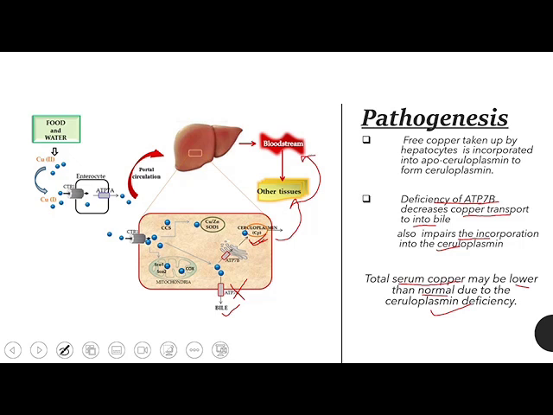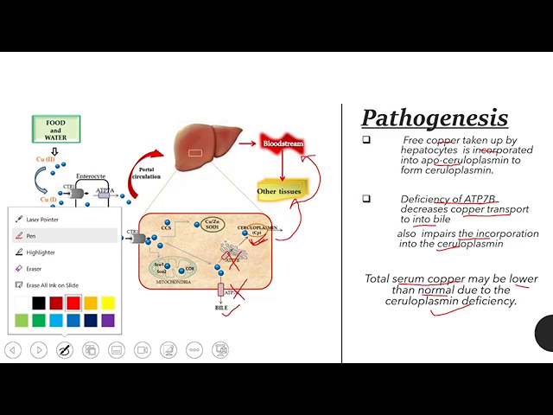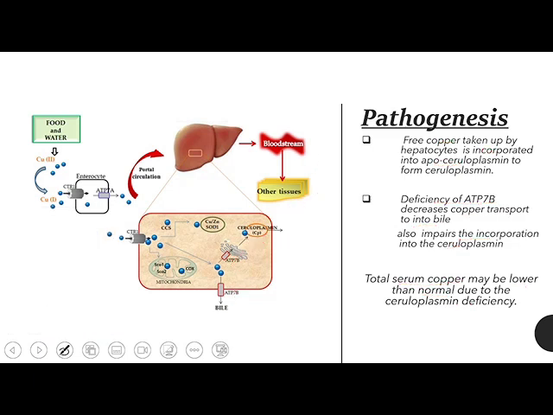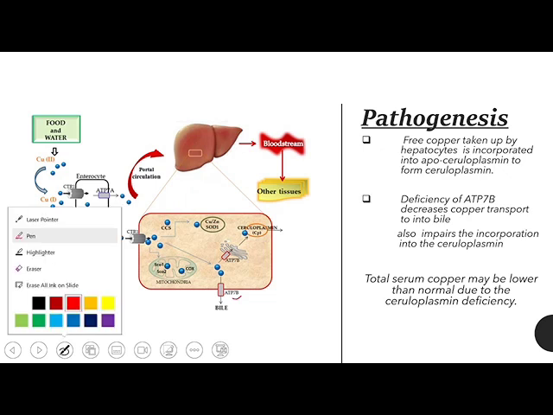Because there is the mutation of the ATP7B gene, and due to this mutation, there will be decreased formation of the ceruloplasmin, because the incorporation of the free copper into the apoceruloplasmin is impaired. So these two things happen in the loss of function mutation of this ATP7B gene.